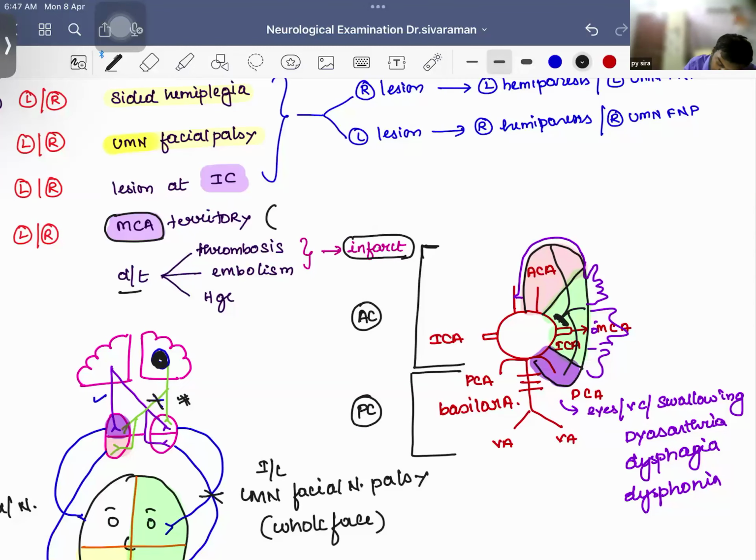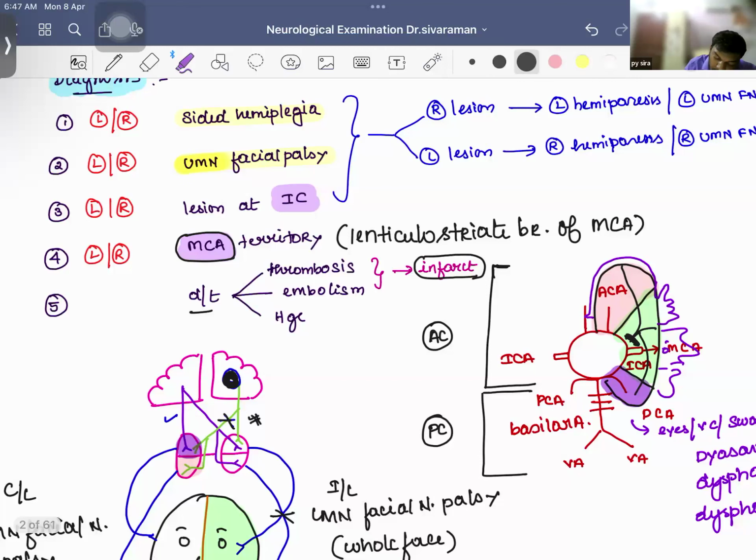So whenever there is a lesion at your internal capsule, the lenticulostriate branch of MCA is going to get involved. It can be involved due to a thrombosis, embolism, or a hemorrhage. Whenever it is due to thrombosis and embolism, it is going to result in infarct.